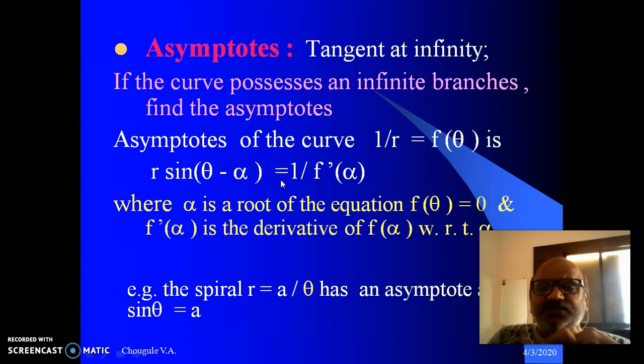Similarly, find out the tangent at infinity, that is, the asymptote. It occurs in very rare cases.